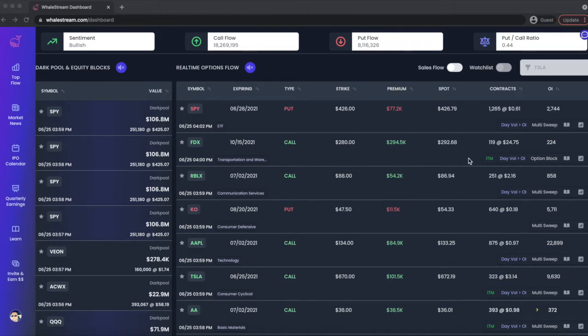Okay, so over here on the real-time option flow side, right away we show the in the money symbol for any positions that are opened in the money. So this is at the time of the trade. If the stock went back down to 279 after the trade and this is a 280 call, it was definitely already in the money at 292 for a 280 call at the time of the trade.